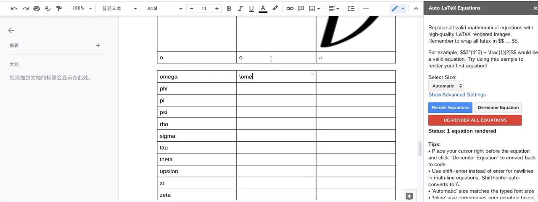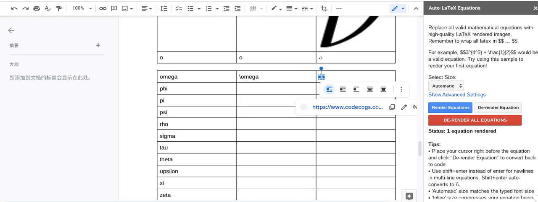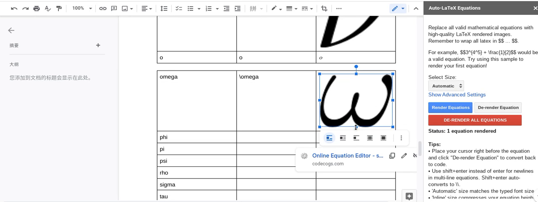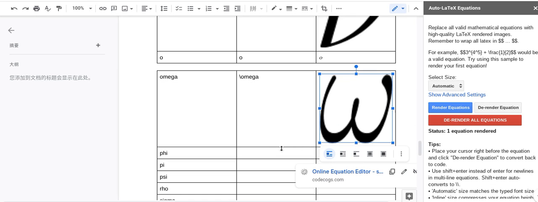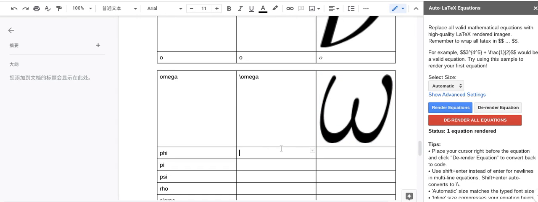Omega. Omega, you also do the same thing. You add the double dollar signs before and after the code. So it then becomes something like this, which this symbol is used as the rotational velocity. Now let's talk about phi.